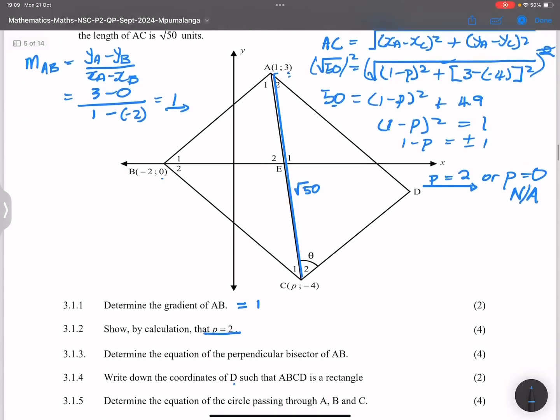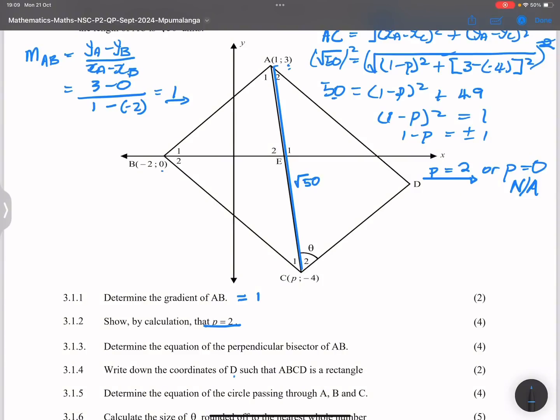They say determine the equation of the perpendicular bisector of AB. Now, what is a perpendicular bisector? It's a line that would cut AB into two equal parts. That means we need to find the midpoint of AB. Let's call it M. So M would be the midpoint of AB.